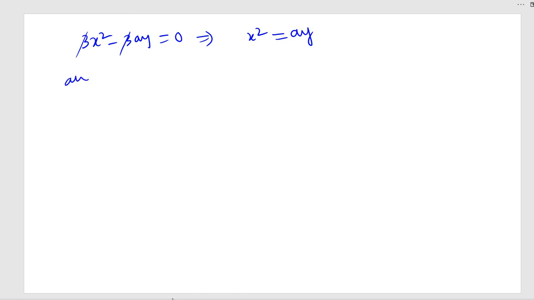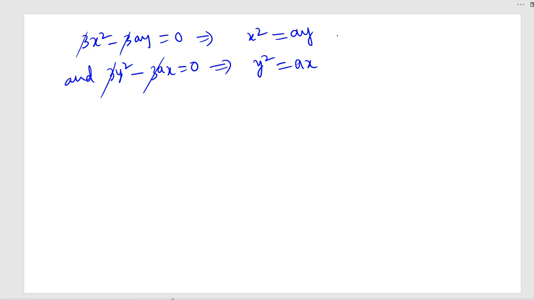And again we have 3y square minus 3ax equals 0. So from here this 3 and this 3 get cancelled. So y square equals ax.